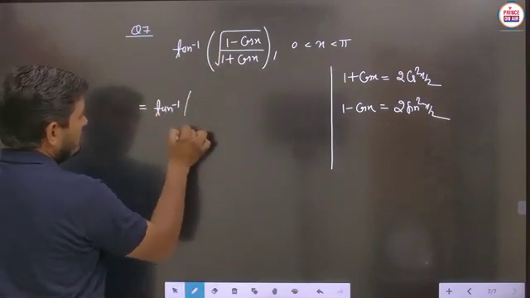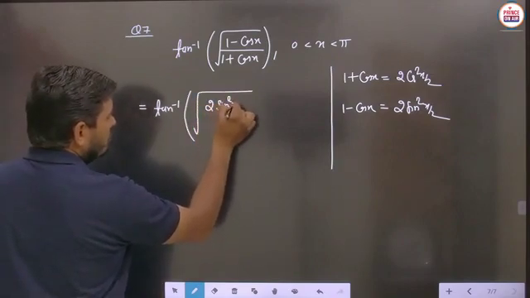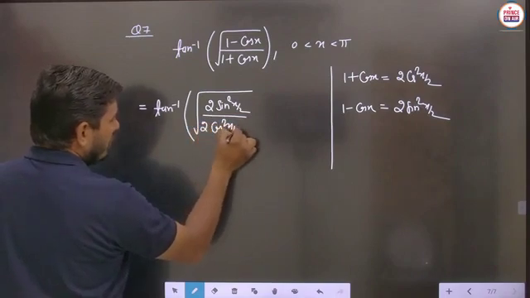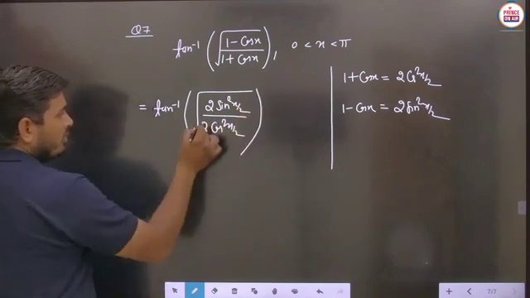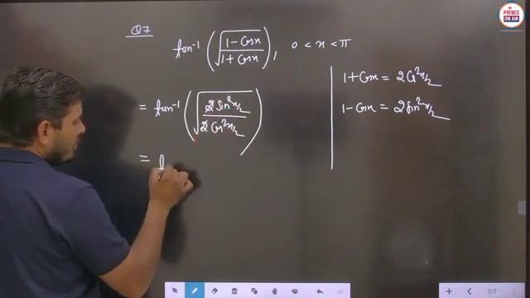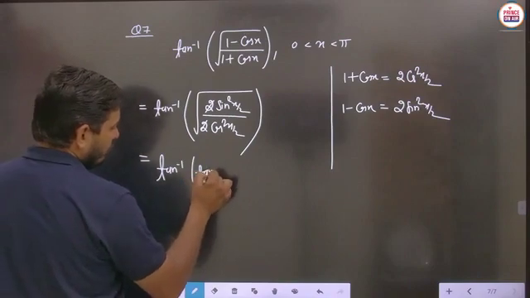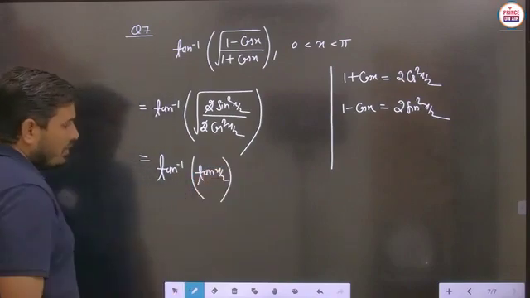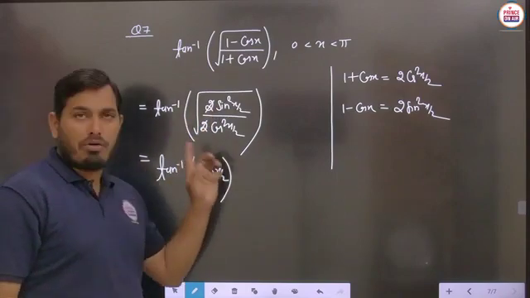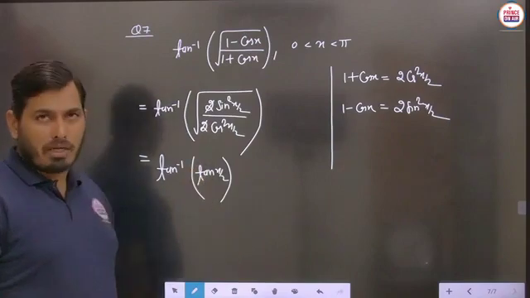So tan inverse should be written as 2 sin square x by 2 divided by 2 cos square x by 2. Now this 2 will get cancelled out, and sin square upon cos square will be tan square. So finally the given expression will become tan x by 2, because due to the square, the square root will get cancelled out and sin upon cos will become tan also.